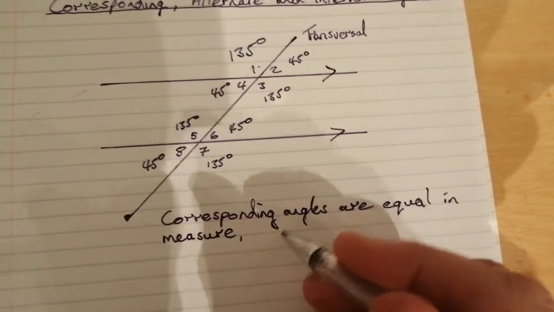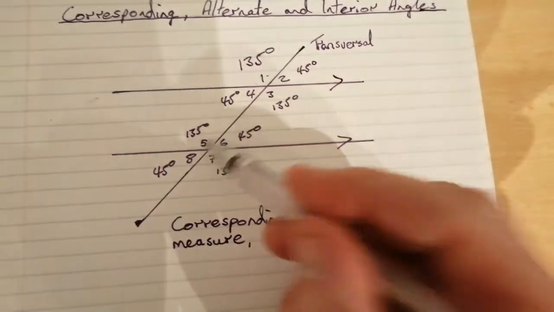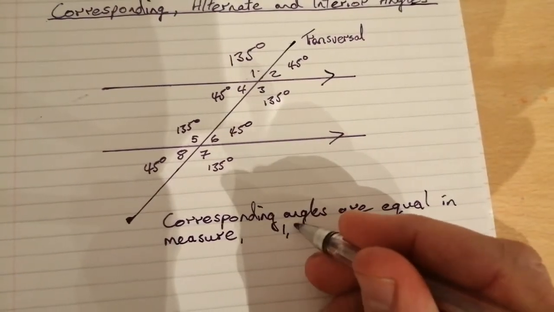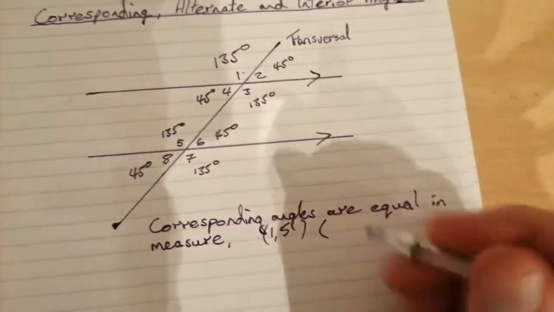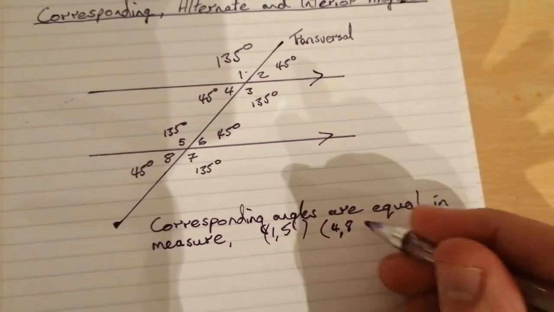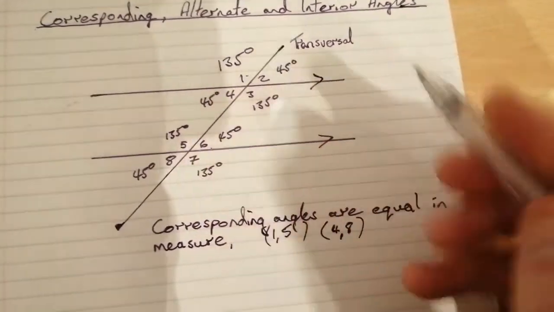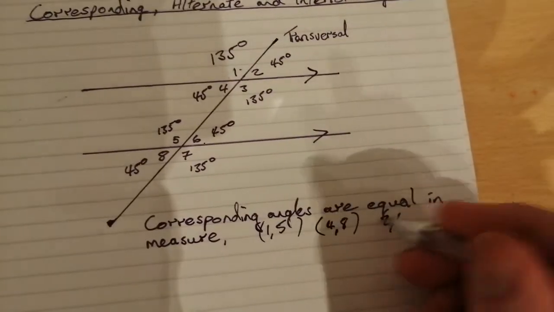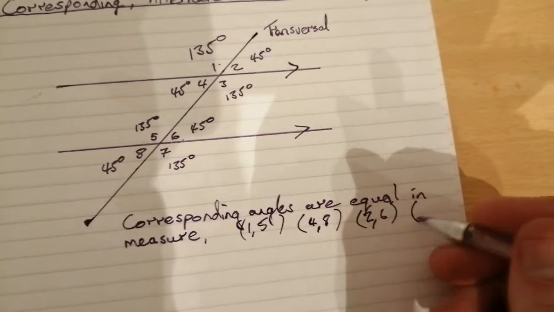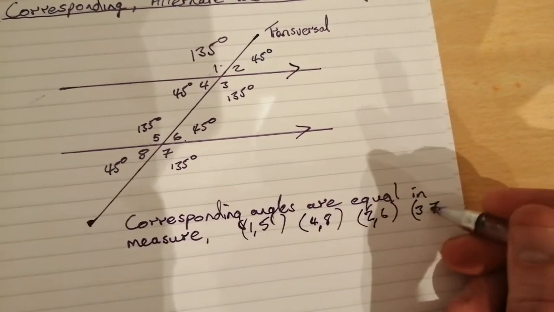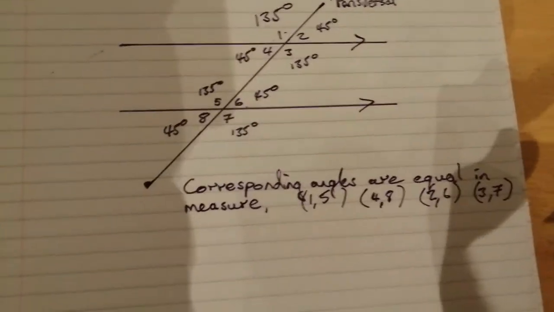And if I was to list some pairs of corresponding angles in this, well, 1 and 5 are corresponding angles, 4 and 8, 2 and 6, and lastly 3 and 7. They are pairs of corresponding angles.